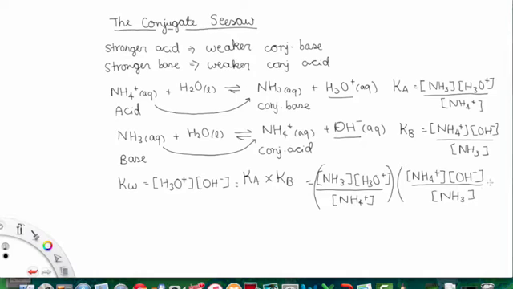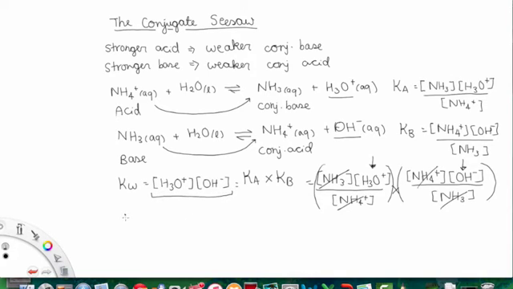You can probably see where I'm going now: you can cancel out the concentrations that occur in the numerator and the denominator, since we're doing a multiplication. The ammonia and the ammonium ion both get canceled out, and lo and behold, you end up with H3O+ multiplied by OH-, which is what we have right here.